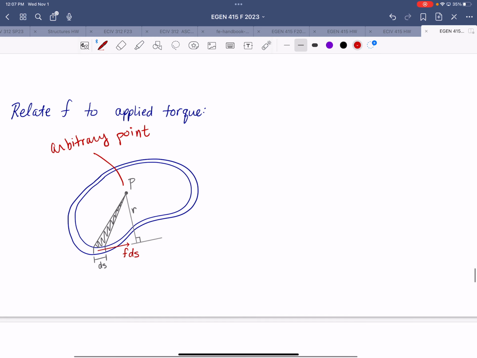If we consider a finite length along the circumference, ds, then the shear flow acting on that finite length would be f. And the resultant force that acts on that finite length due to the applied torque would be f times ds.